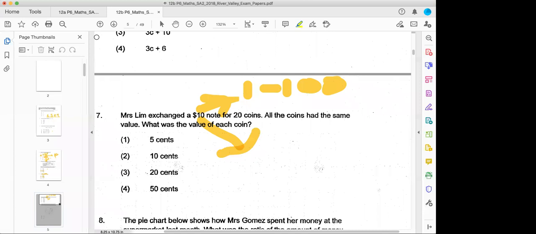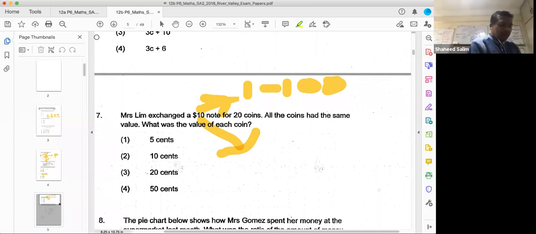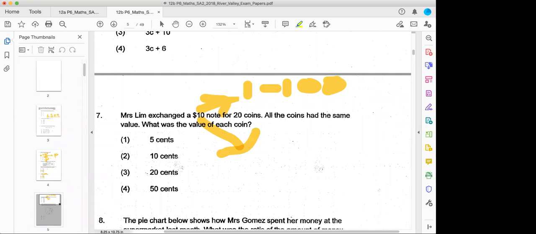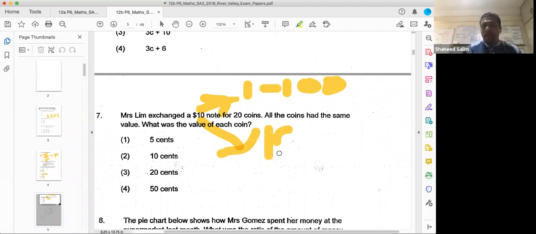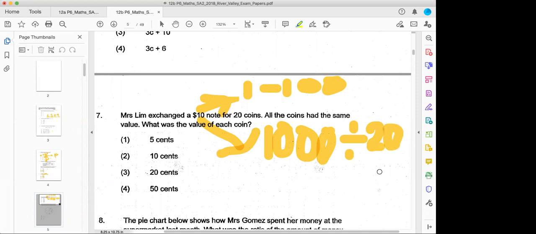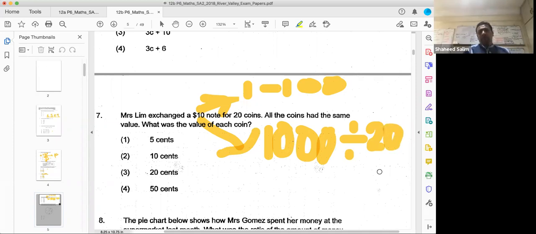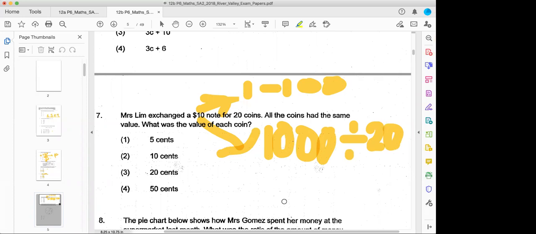How many cents is $10? $10 is 1,000 cents. Good. 1,000 divided by 20 coins. Divide by 20 coins. Do like that. You see how I do? Very easy. Then you cancel lah. Easy. 50. Congratulations, just 50 cents.